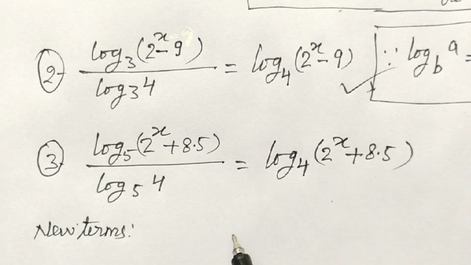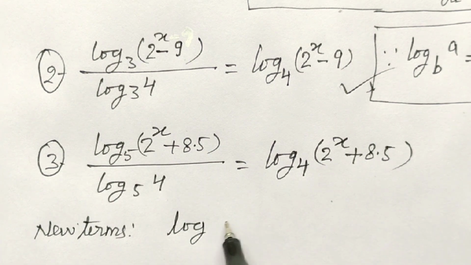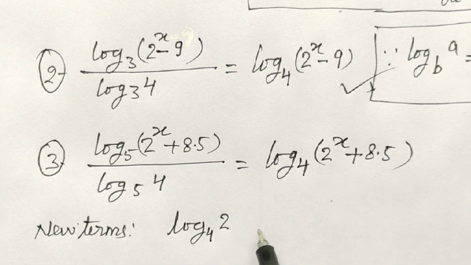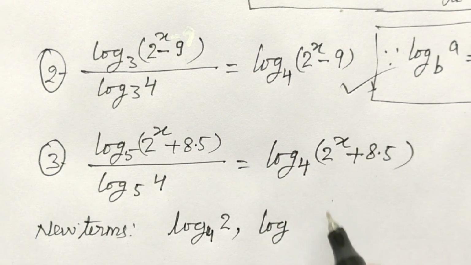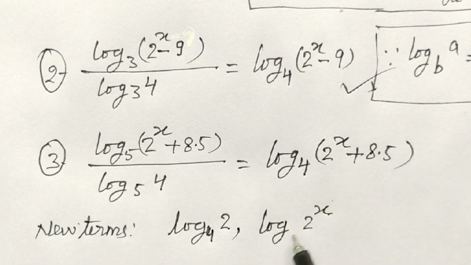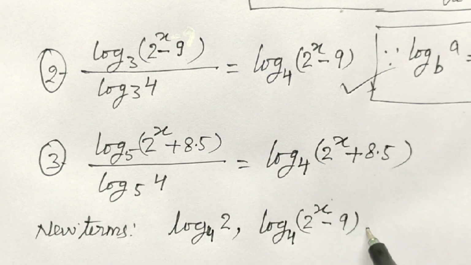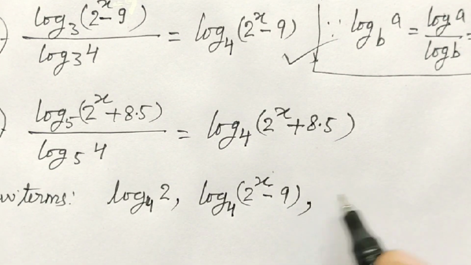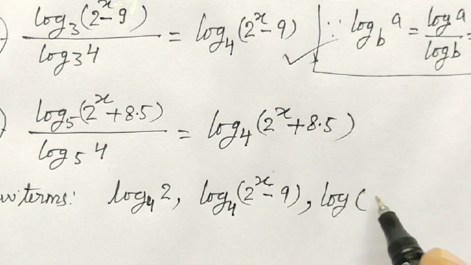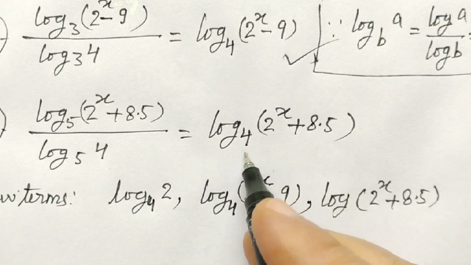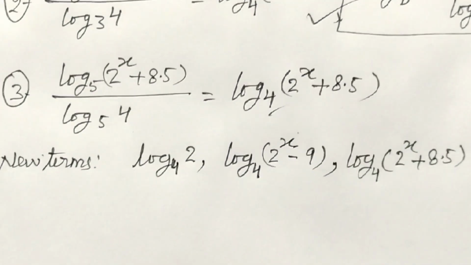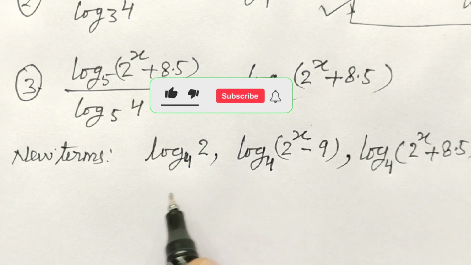The new terms are: the first term is log of 2 to the base 4, the second term is log of 2 to the power x minus 9 to the base 4, and the third term is log of 2 to the power x plus 8.5 to the base 4. Now, how to find the common difference?